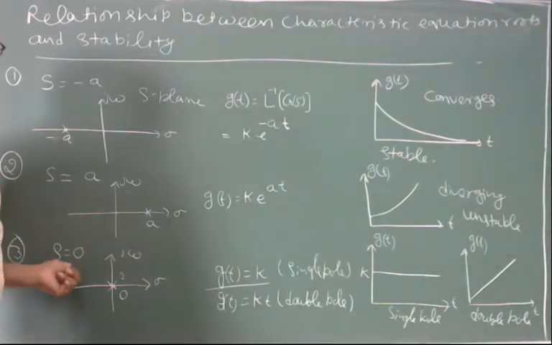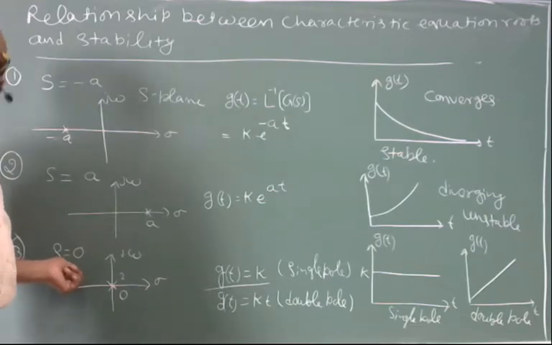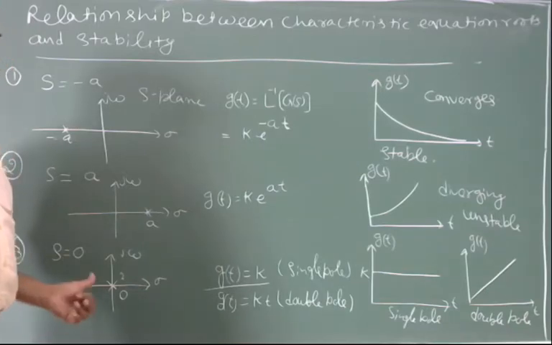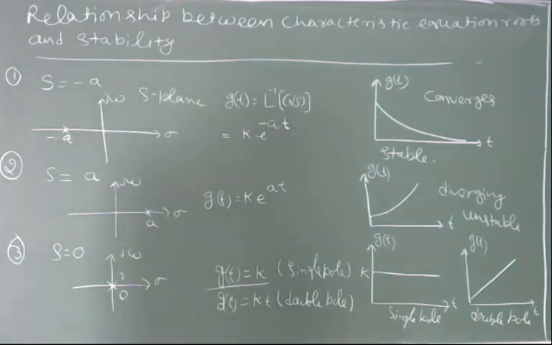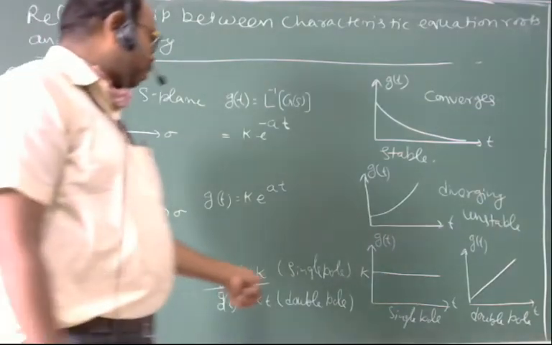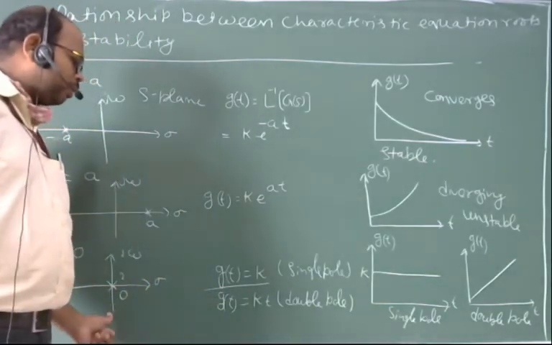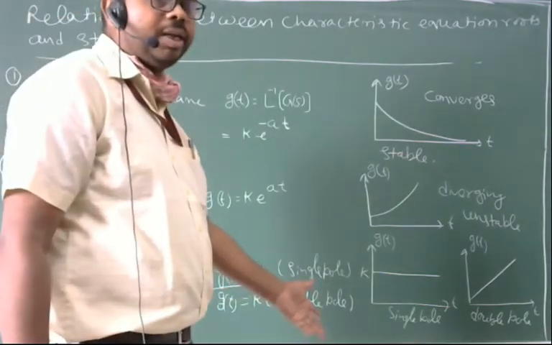When the poles are at origin, then we have two conditions. First, I have single pole at origin. If I have single pole at origin, then g(t) will be equal to K. And if I have double pole at origin, then g(t) will be equal to Kt.